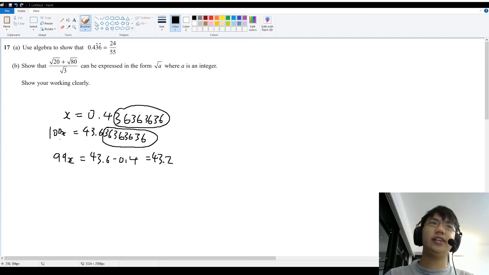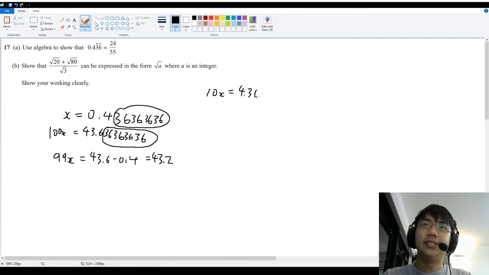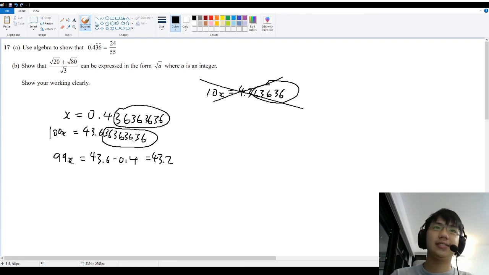The reason I chose 100x is that if I chose 10x, the decimal places would be in the wrong place. 10x would be 4.363636, and this just doesn't line up, so 10x wouldn't work. So for x and 100x, this sequence of digits is recurring and goes on forever, so these common decimal places can be subtracted to get 99x, which is 43.2.